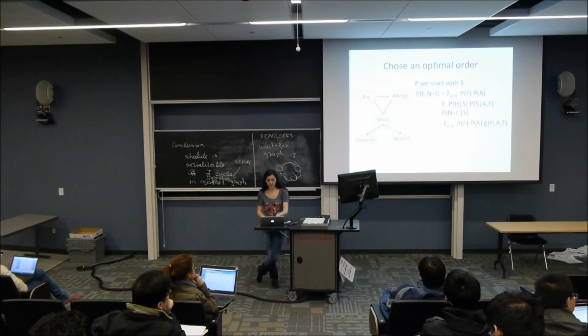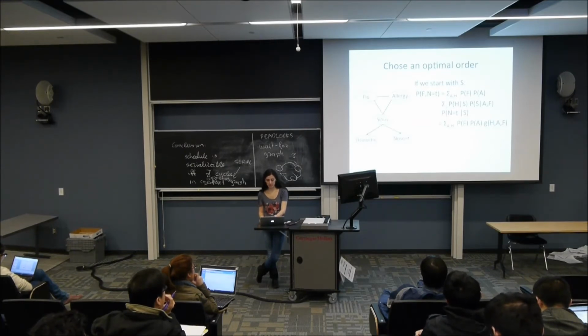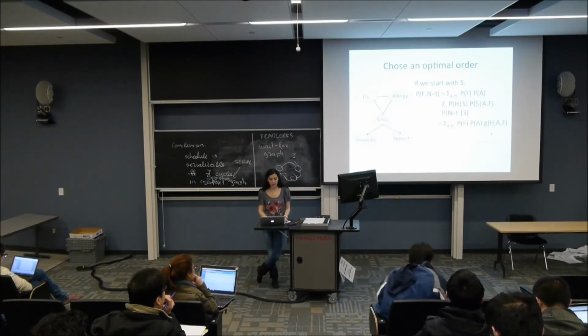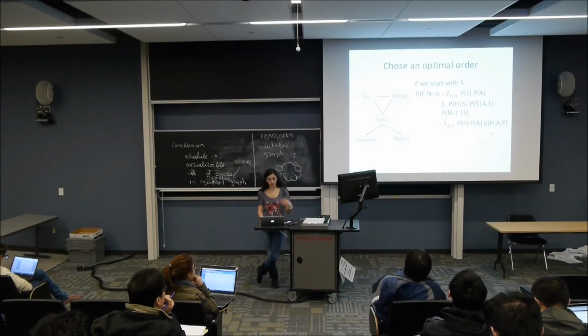There's no N here because N is fixed to just one value. That's why N is gone. Is that clear? Since this function has three variables, it's going to have 2 to the 3 entries. So removing sinus in the beginning might not be the most optimal thing because you're going to add those extra edges and have a larger table.